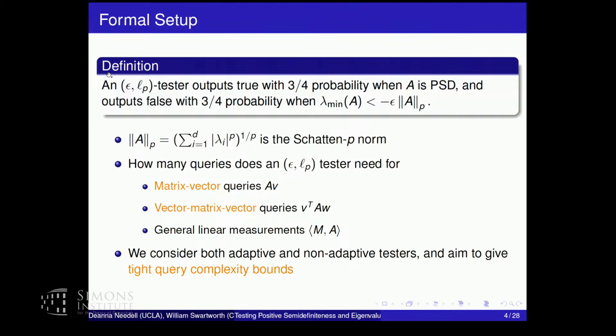Adaptive testers are motivated from various optimization procedures that are often performing things like a power method or Krylov subspace iterations. Non-adaptive testers are motivated from streaming. And we aim to give tight query complexity bounds.